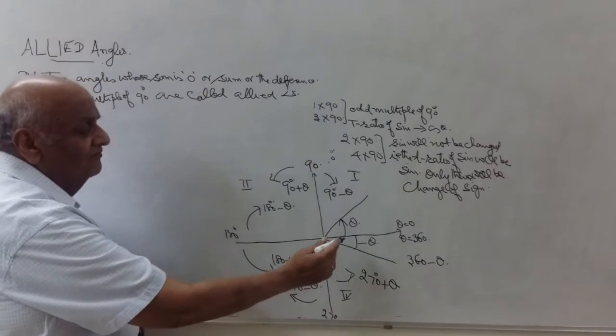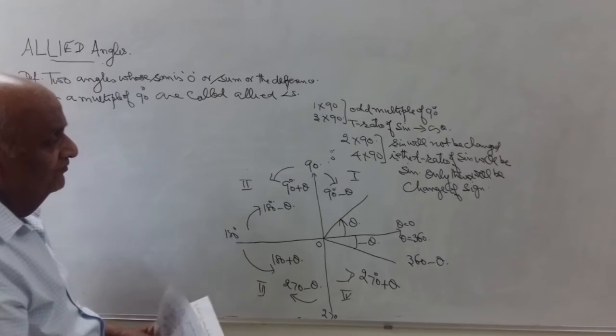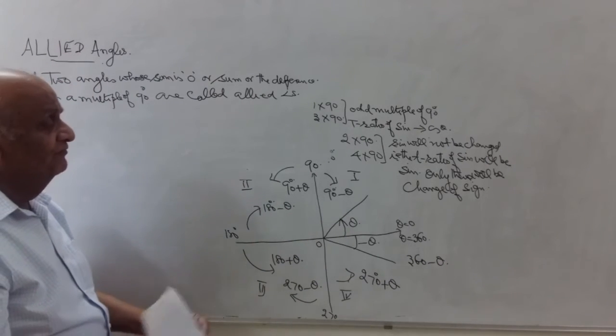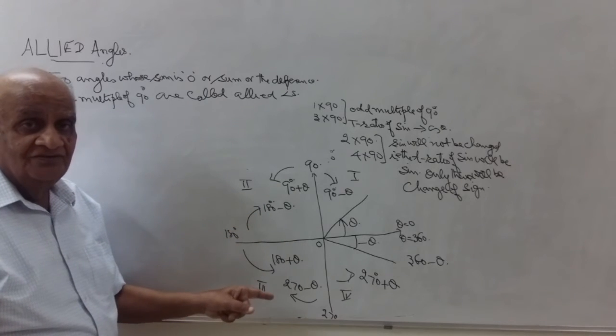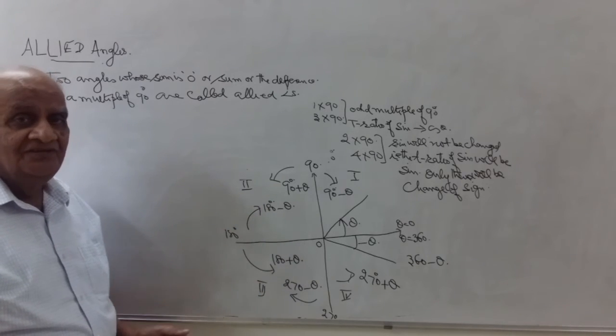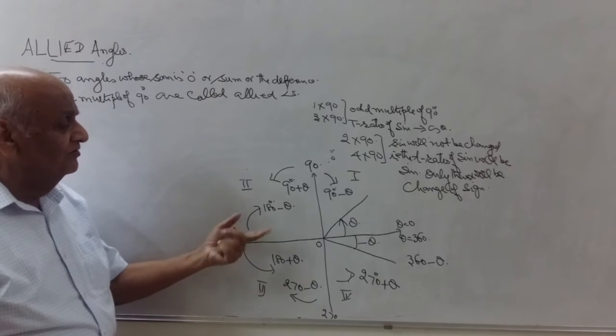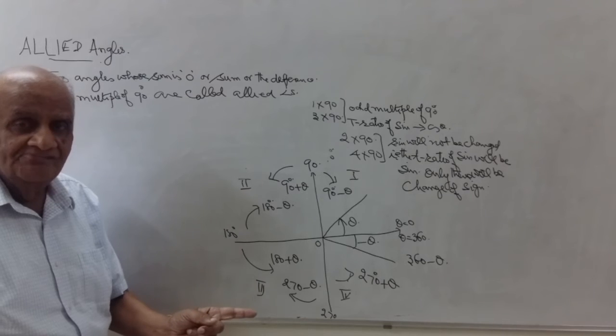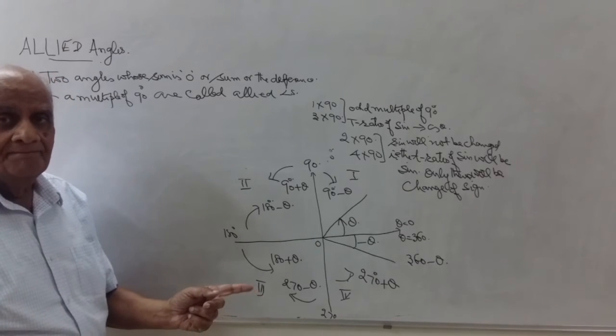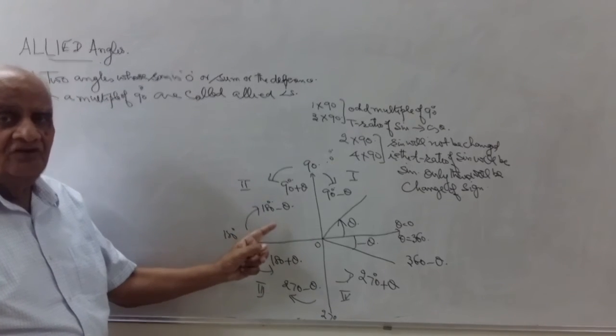And minus theta, of course, we shall consider the fourth quadrant. So if you say in which quadrant the t ratio is, you say 180 minus theta. That means you immediately think that you are talking about the second quadrant.